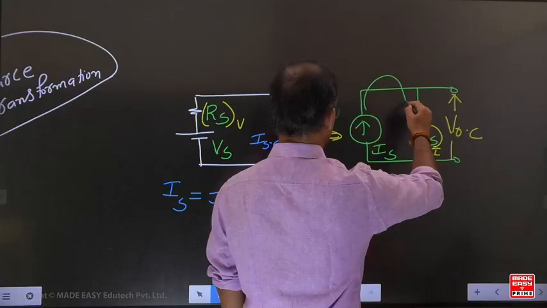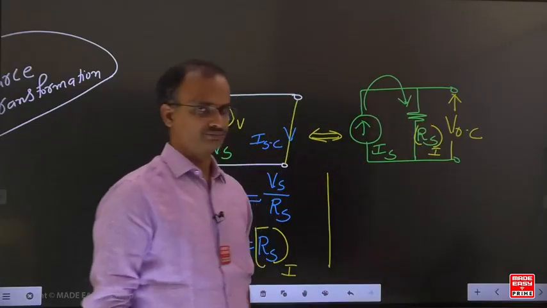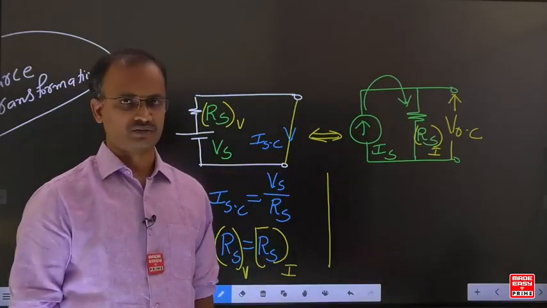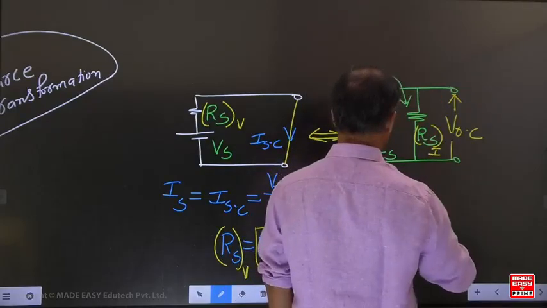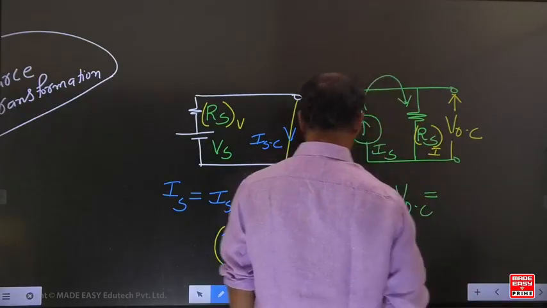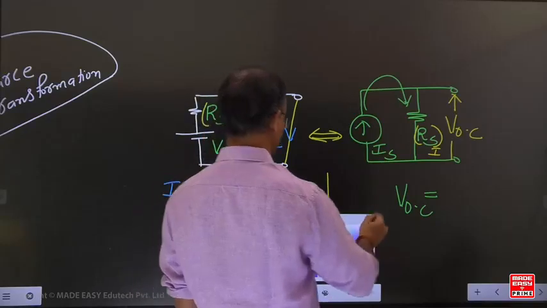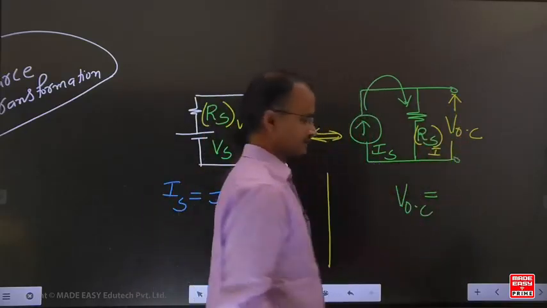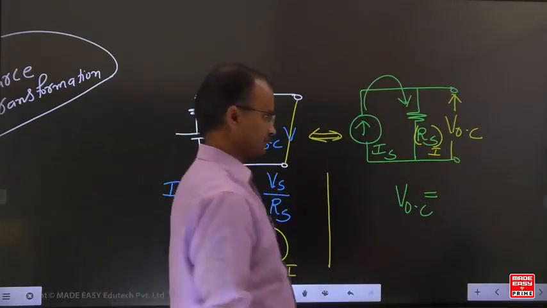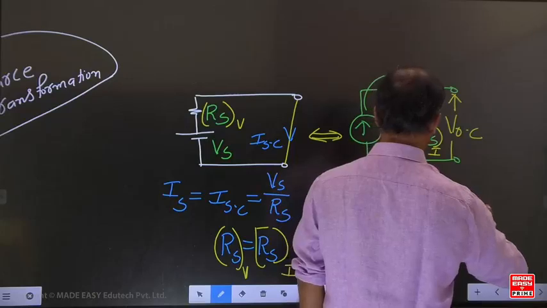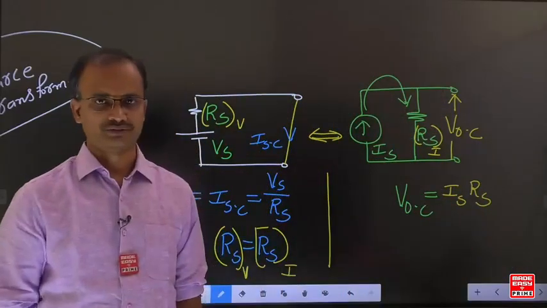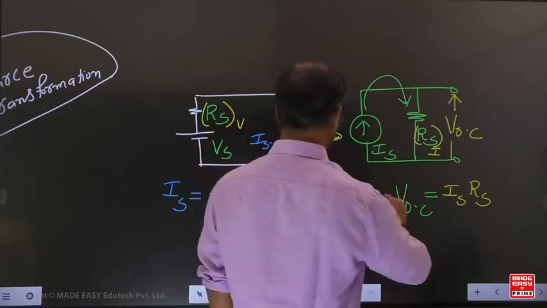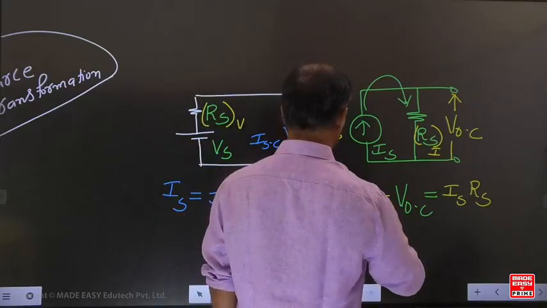In this example, the entire current goes to Rs, so the voltage across this one and this one are the same. We can write Voc is equal to Is Rs. That open circuit voltage is named the source voltage.